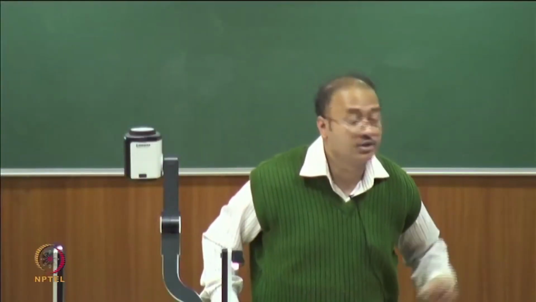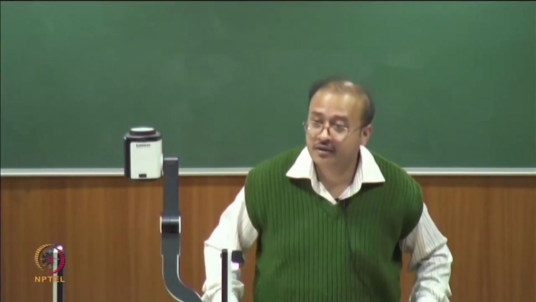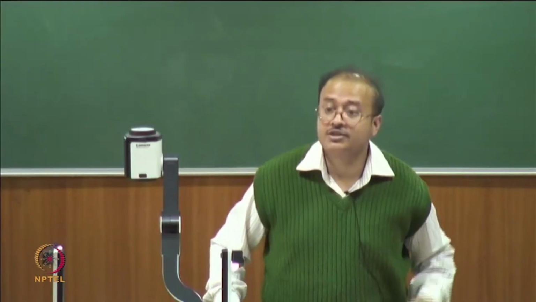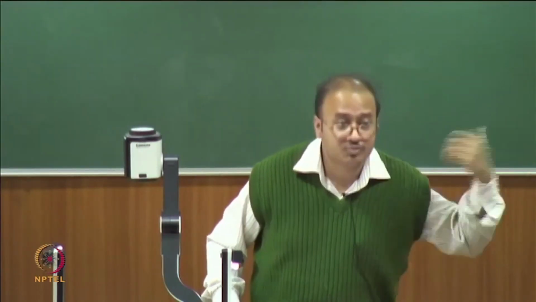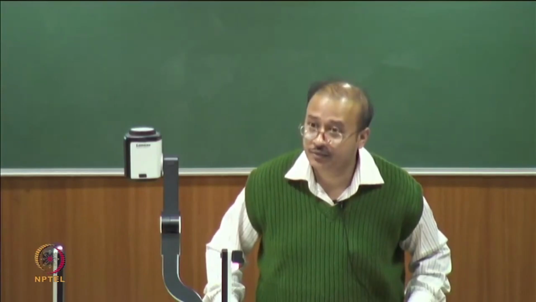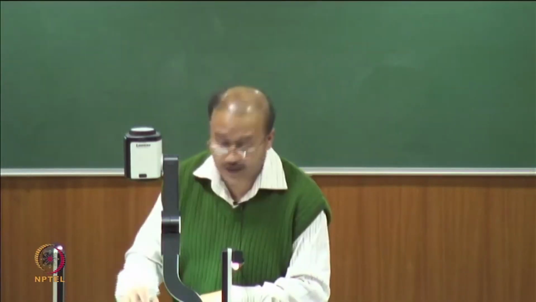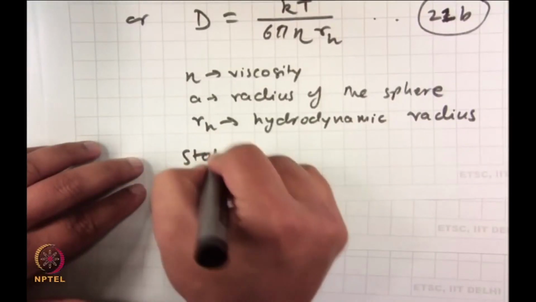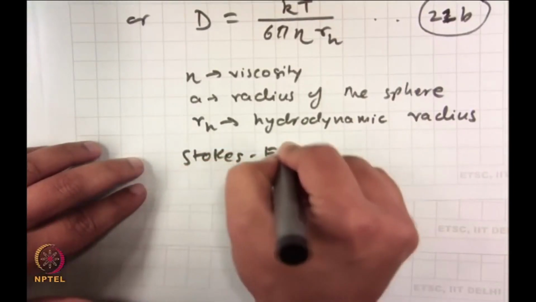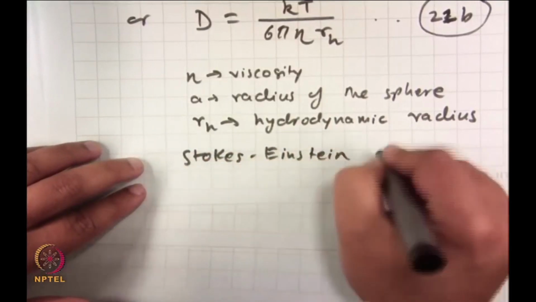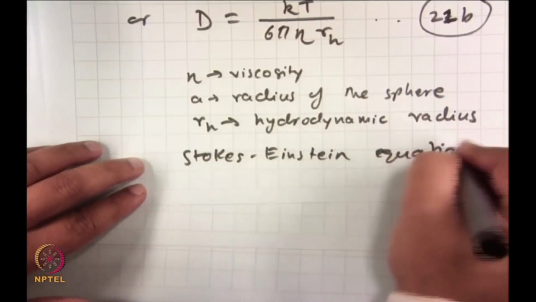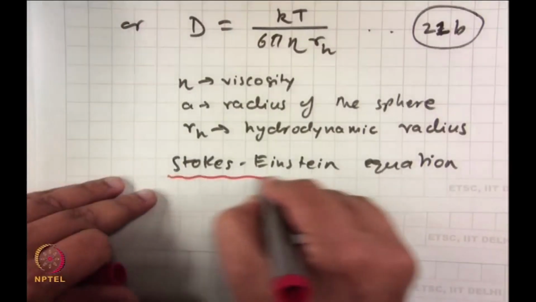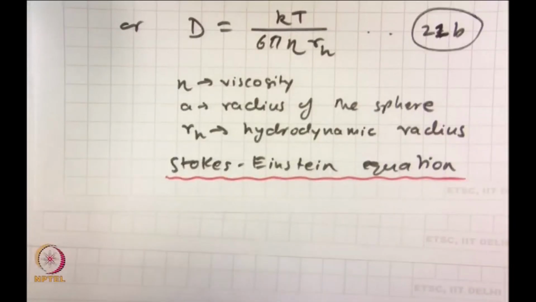So, the actual radius you look at is not the particle itself, but along with it some layers of solvent molecules, and hence it is called hydrodynamic, because it is a dynamic thing which is moving along with the spherical particle, right. So, both of these relationships are referred to as the Stokes-Einstein equation, and this is something which is fundamental when you talk about diffusion.